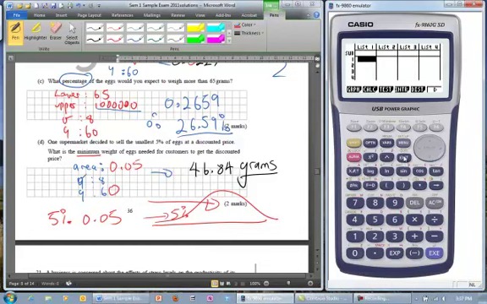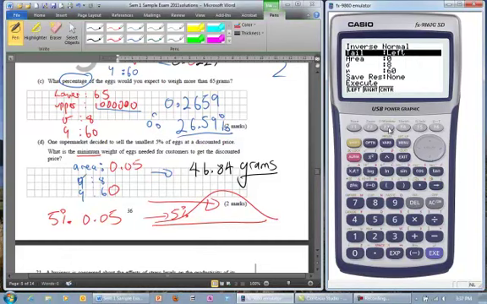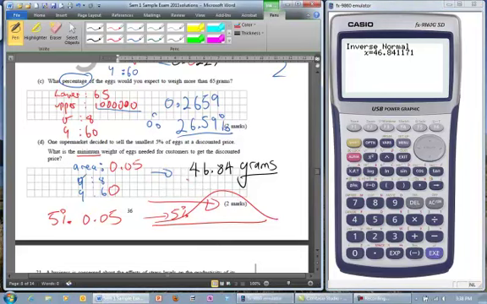On your calculator, you come back to distributions, normal, inverse normal, because now you've got the area. On these calculators, the tail is still on the left. Your area is 0.05, and it should pull through the standard deviation and the mean from the other questions. Come down, go execute, and it's 46.84 grams. So the maximum weight of eggs that will get the discount is 46.84 grams.